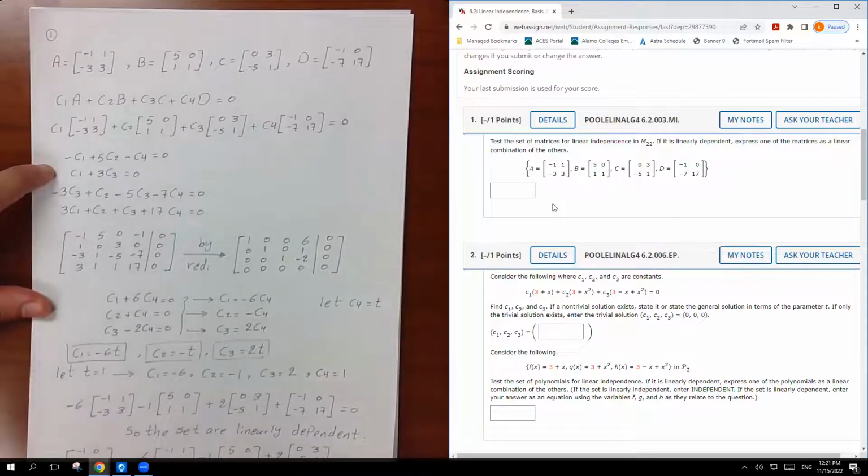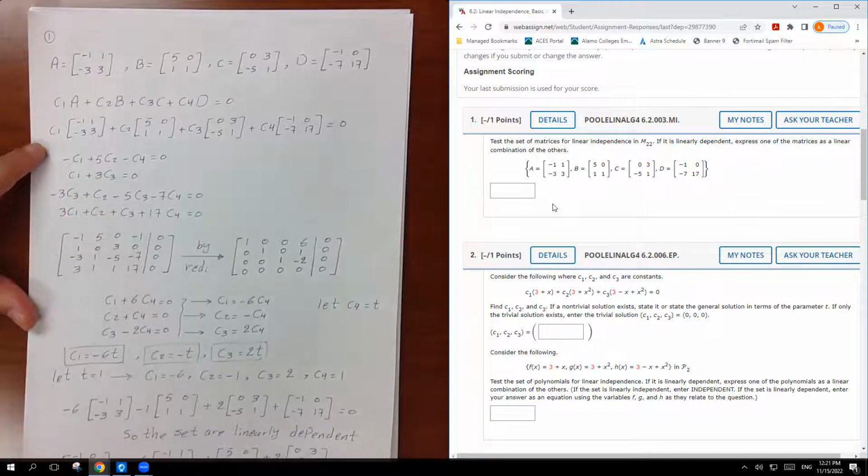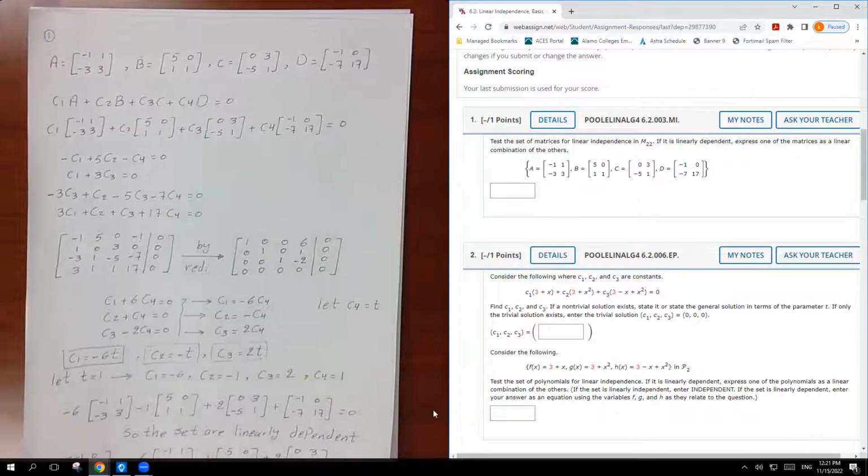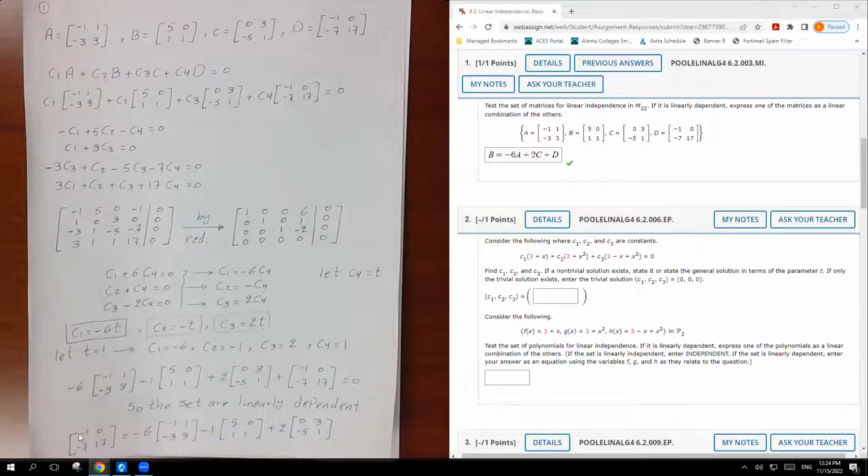So the set is linearly dependent, and then you can write down any one as a linear combination of the rest. We took D and wrote it down as negative 6A minus B plus 2C. So that's what we're going to type here. I wrote D as a linear combination of the rest.